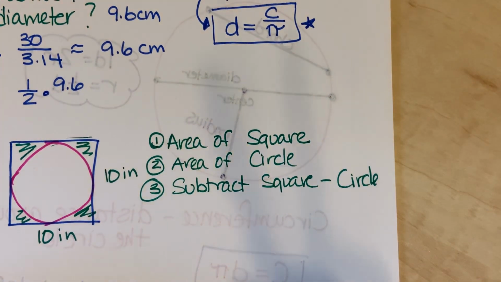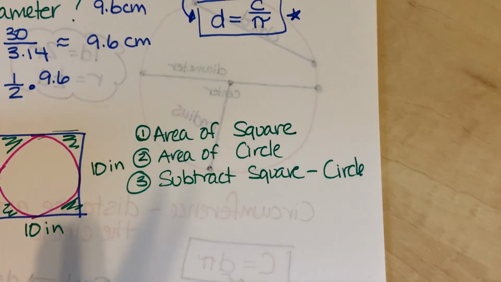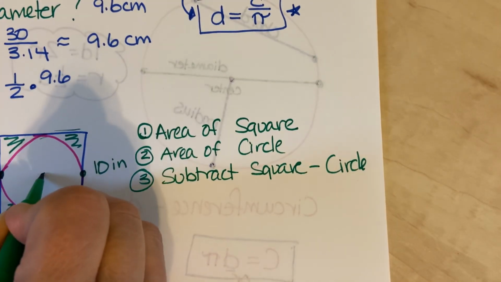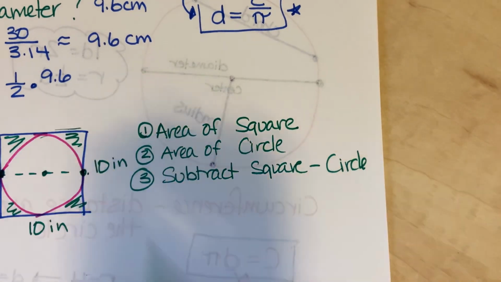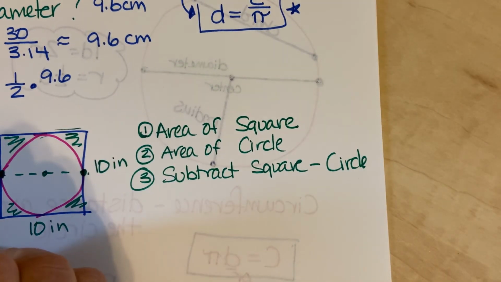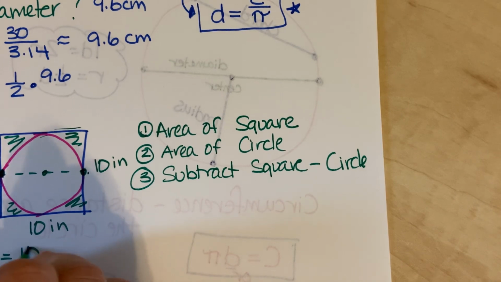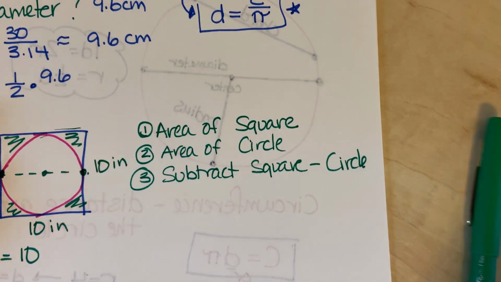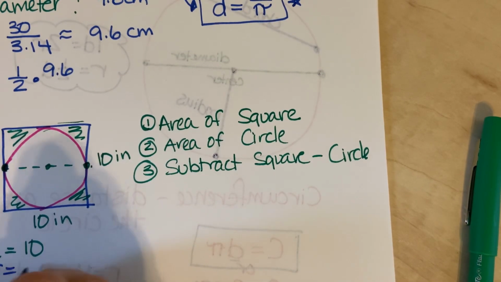Okay, so all I need is one piece of information to figure this out. I know that 10 is how long the square is. What I also know is that if I went from this point to this point through the center, it's 10. So that means my diameter is 10. If my diameter is 10, that means my radius is half of that.